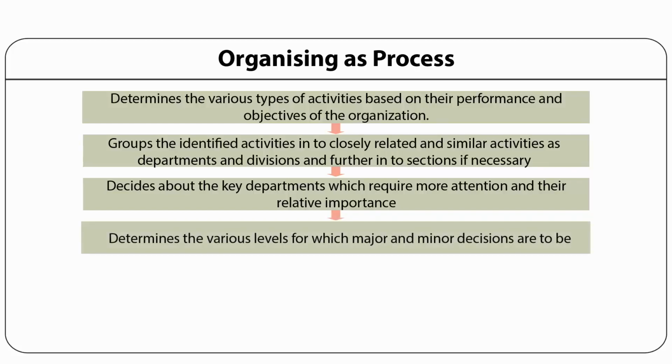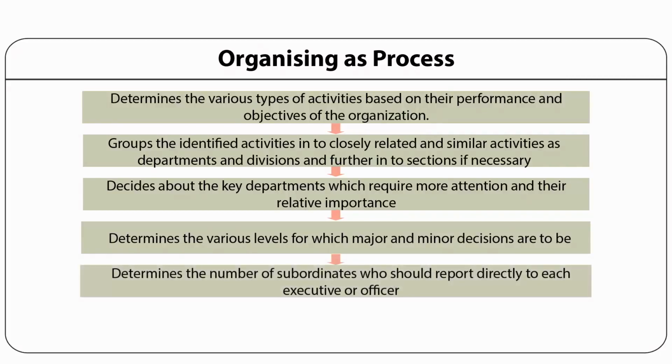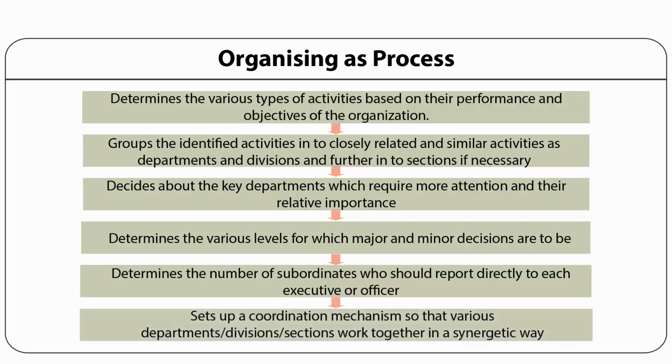It determines the various levels for which major and minor decisions are to be taken. Determines the number of subordinates who should report directly to each executive or officer. It sets up coordinate mechanism so that various departments, divisions, sections work together in a synergetic way.